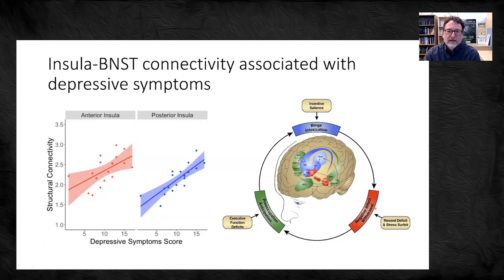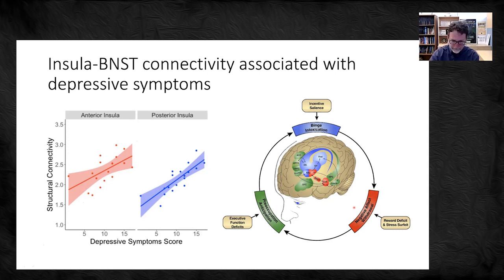So given this hint from the human work that we may be on the right path here with studying the Insula-BNST projection in the context of the development of negative affect during alcohol use disorder development, we wanted to start to think about approaches that we might take to think about translation.